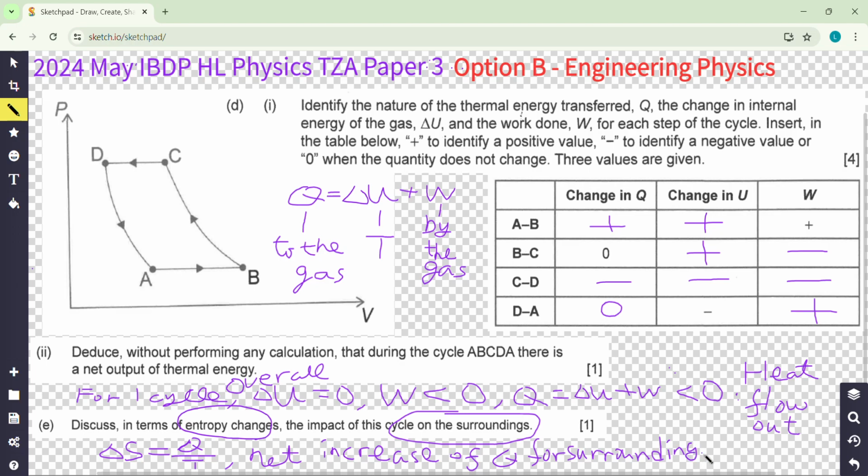So the entropy of the surroundings increases. And that's the result. Thank you.